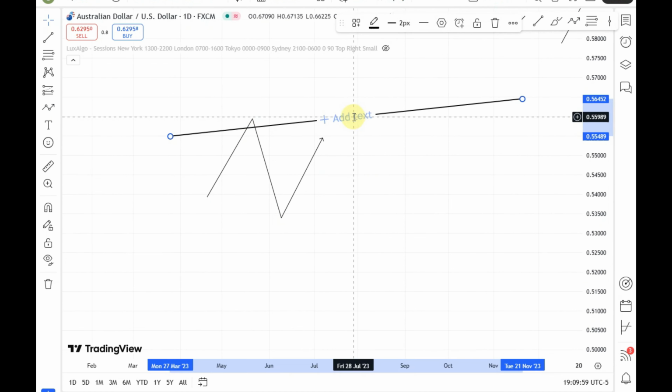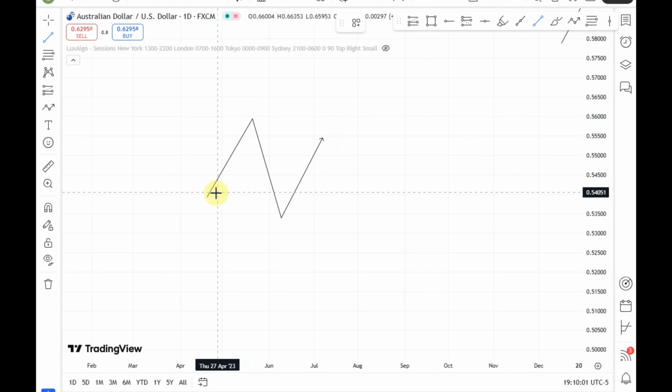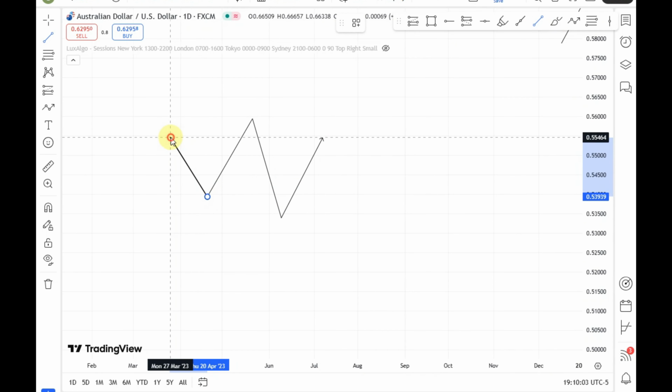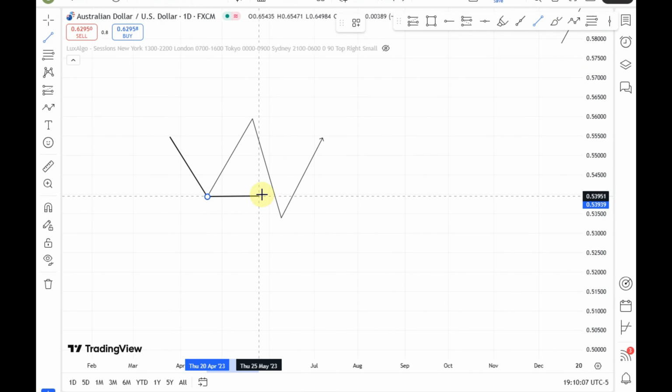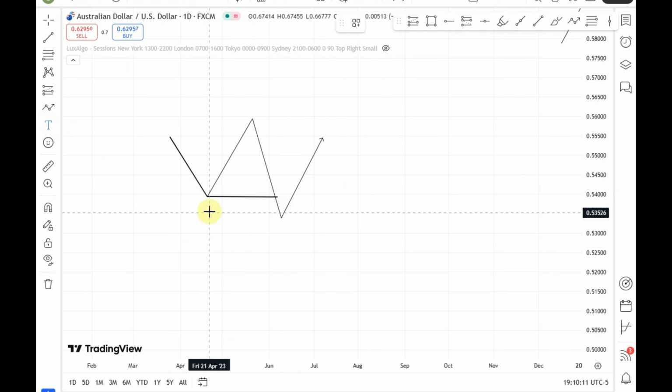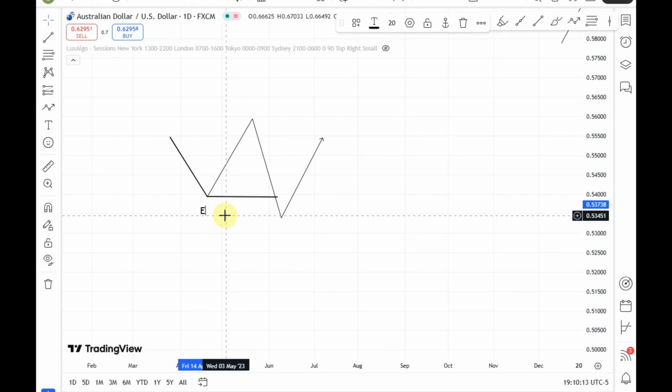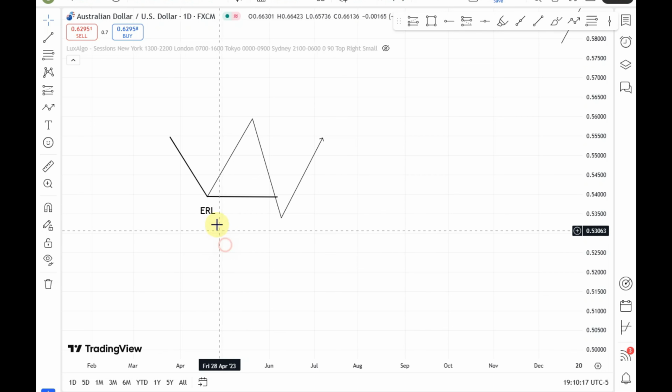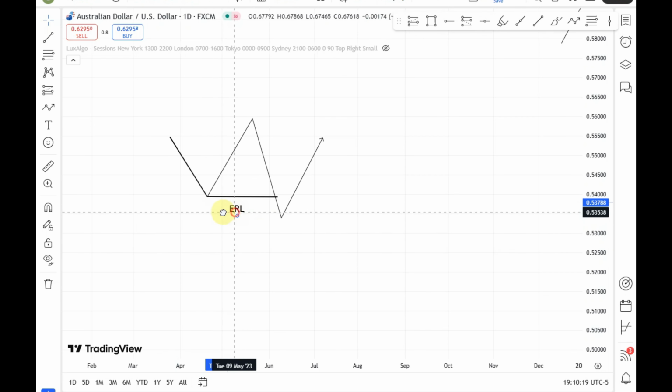Provided we have this, there is this external range liquidity that has been taken, right? So this is our external range liquidity and it has been taken out.